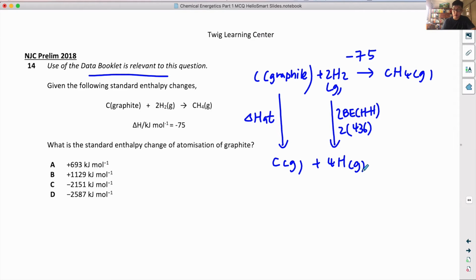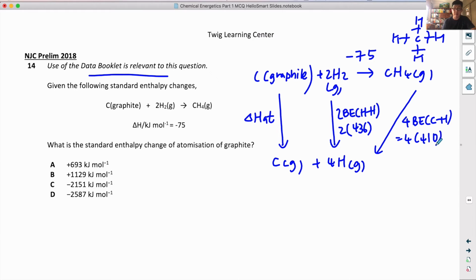The other bond data value you need is the C-H bond. This is methane, and you have to break all these bonds, 4 of them. So it's equivalent to 4 multiplied by 410. You get this from your data booklet.